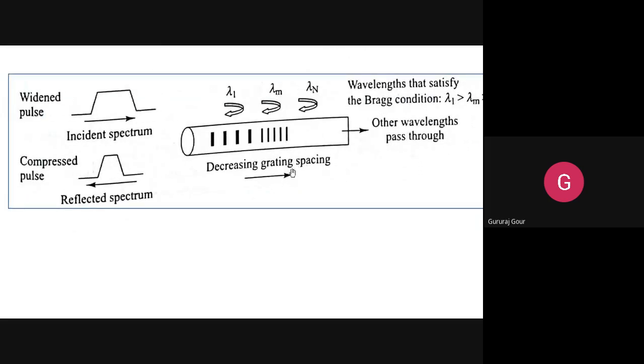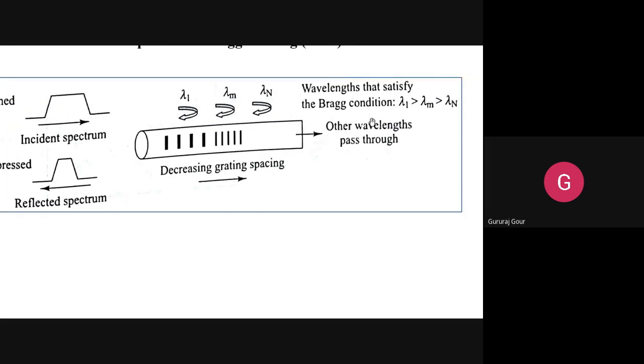Okay. So here you can see the gratings' widths go on decreasing. That is going to give you different wavelengths which go on decreasing. Initially, if it is reflected back, its wavelength will be larger. The middle one, if reflected back, its wavelength will be the median or average one.